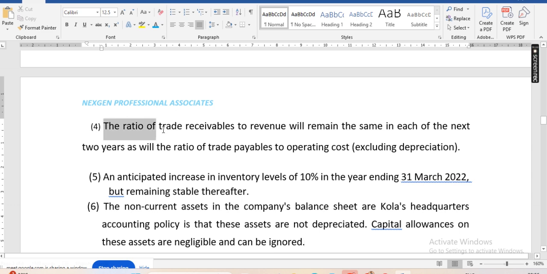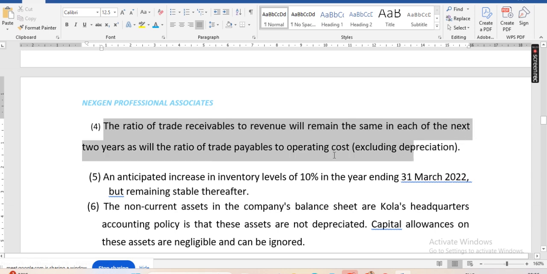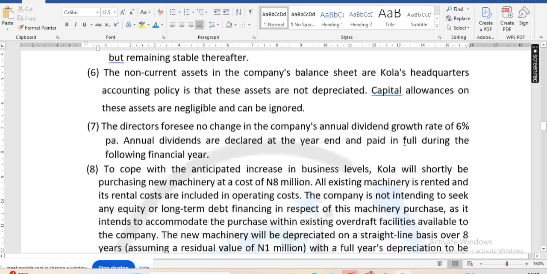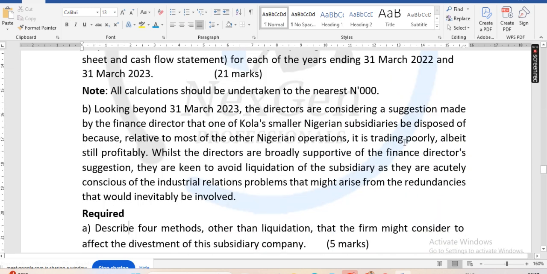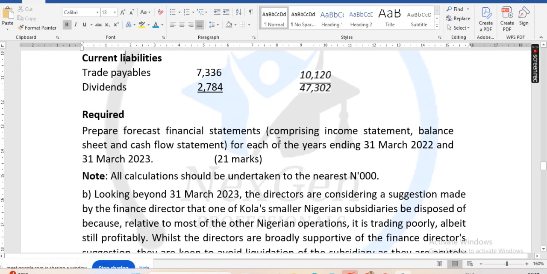The ratio of trade receivable to revenue will remain the same in each of the next 2 years. Class, don't forget that the question says that we should prepare the financials for 2 years, 2022 and 2023, right?